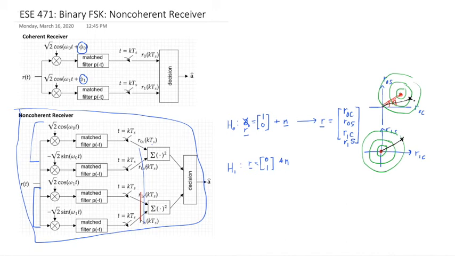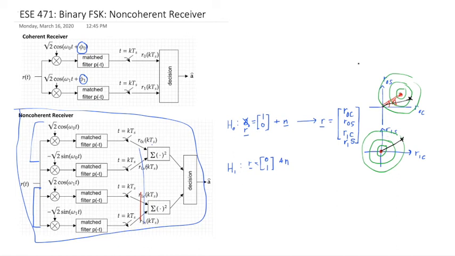If I could draw 4 dimensions, I would, but for this case, I'm drawing 2 sets of 2 dimensions. We're going to find out which component has higher amplitude, or higher squared amplitude in this case. It doesn't really matter if I look for the higher amplitude or the higher squared amplitude.